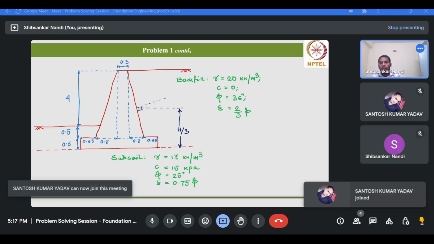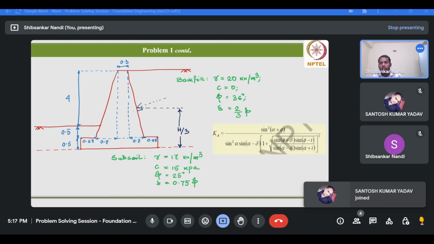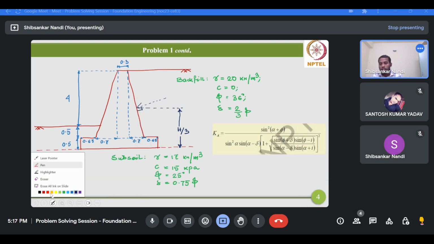Now, with this perpendicular, the resultant active earth pressure will basically act at an angle of delta. So this is your delta.